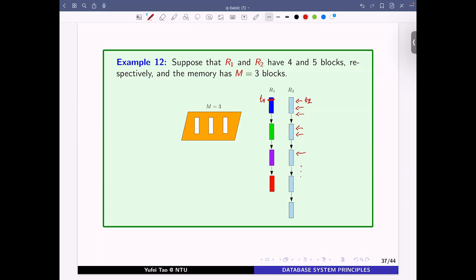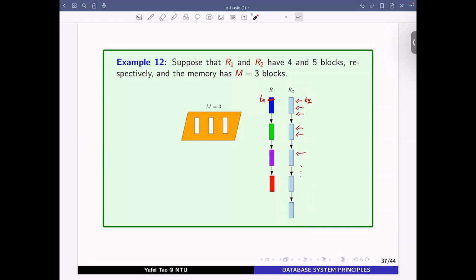However, as you will see, we'll be using a smarter approach. Conceptually, this is what we do. However, if this is what we do, we will have to scan R2 a huge number of times, because you will have to scan R2 once for every single tuple. This is going to incur a prohibitively large number of IOs.